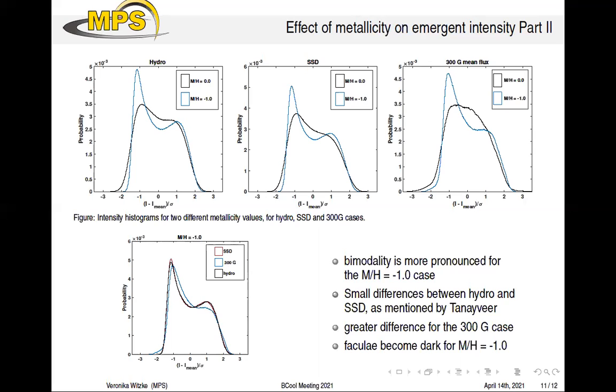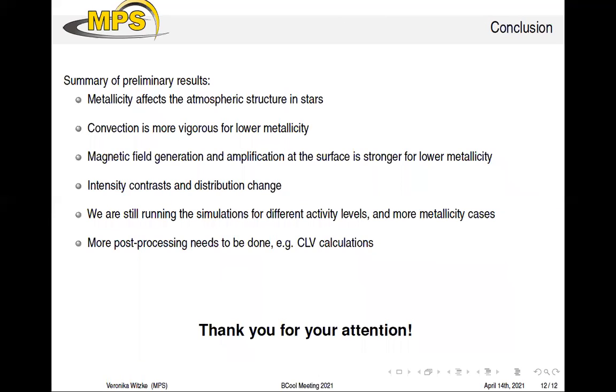Let me give you a summary of what we have so far and where we want to go. We understand from 1D models that metallicity has a significant effect on the structure in stars and on the contrasts. And we need to take this into account also when we calculate center to limb variations.